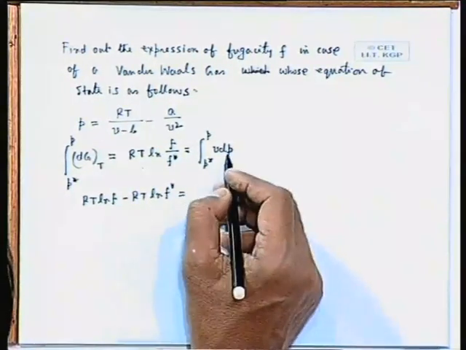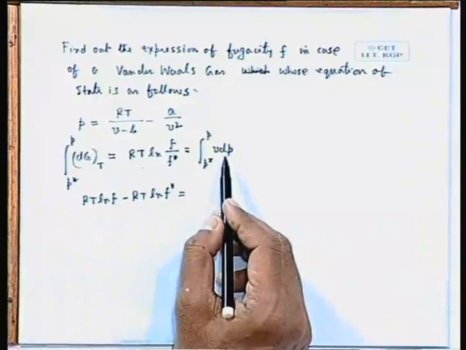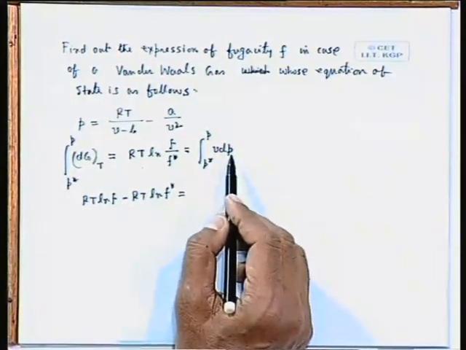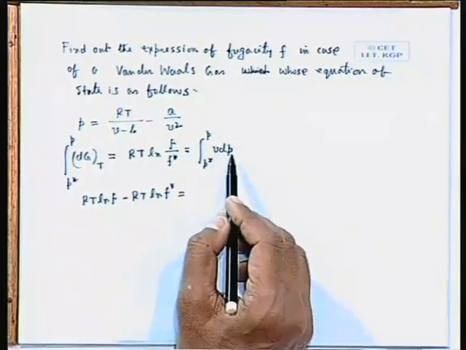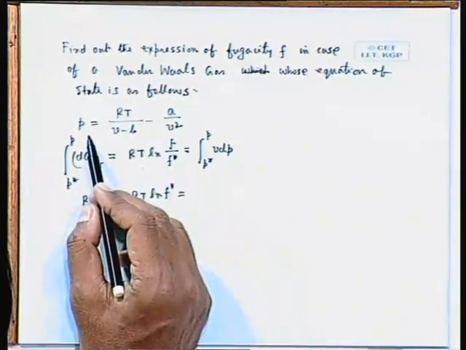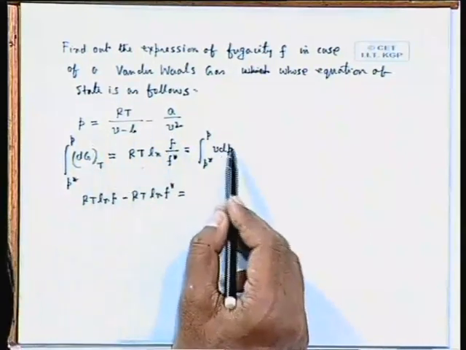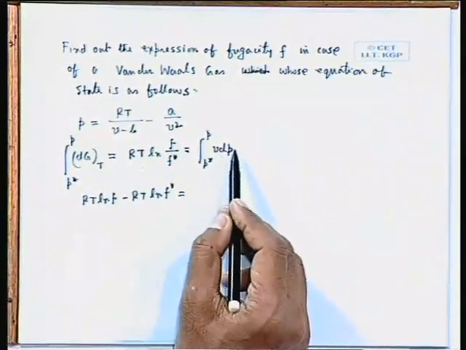Now for this V dP we have to make a tactful substitution, or reorganize it in a way that we can integrate it properly, because V is not given explicitly in terms of P, so that we can integrate with the variable dP.